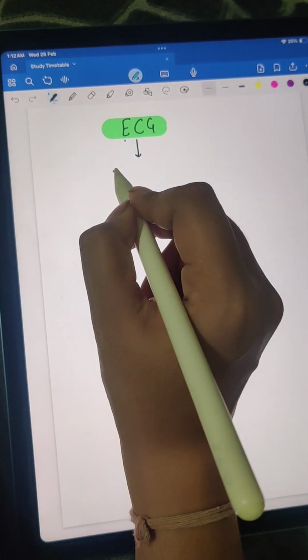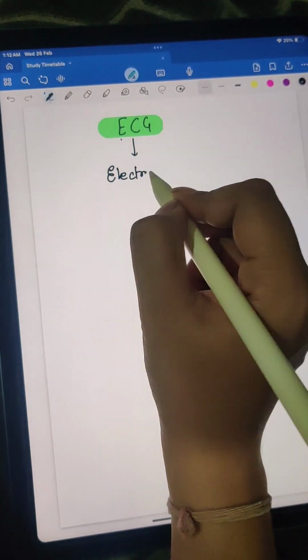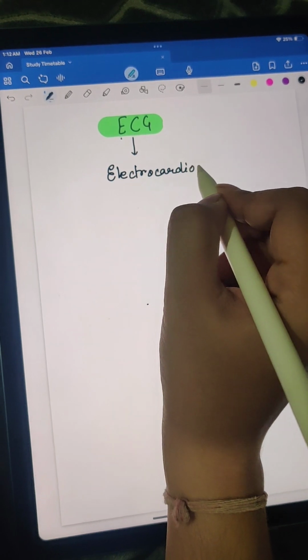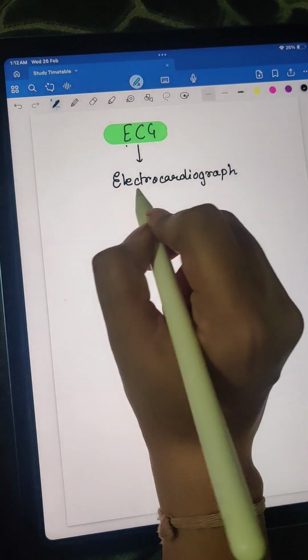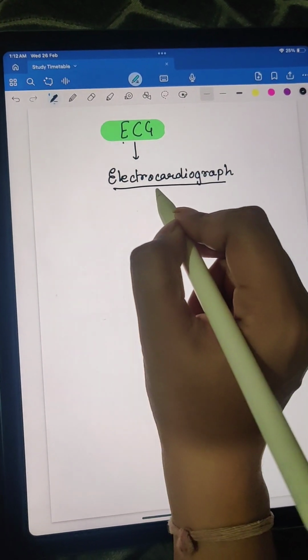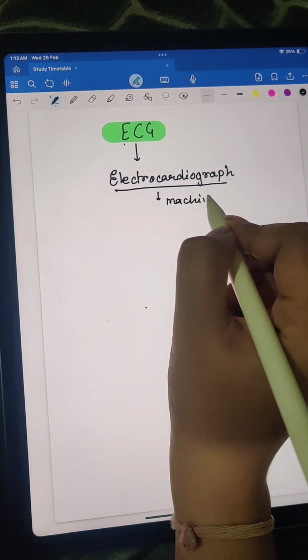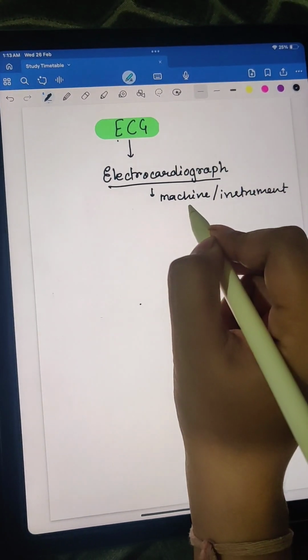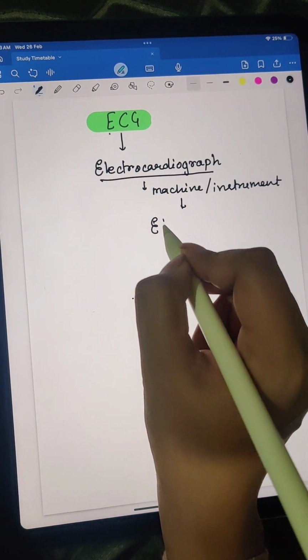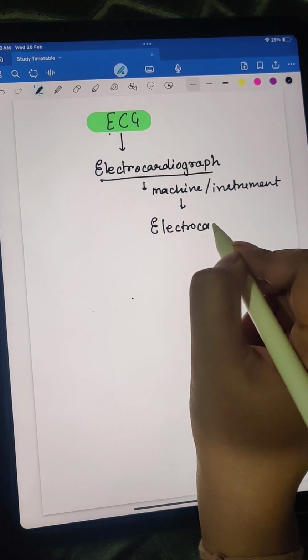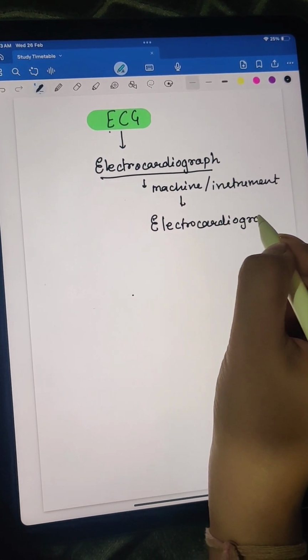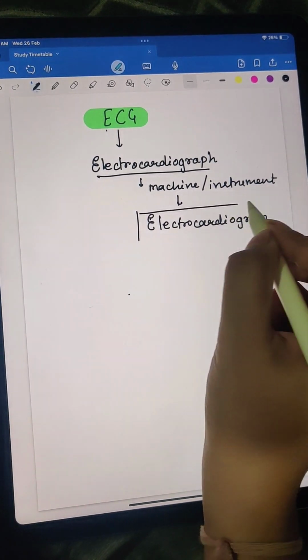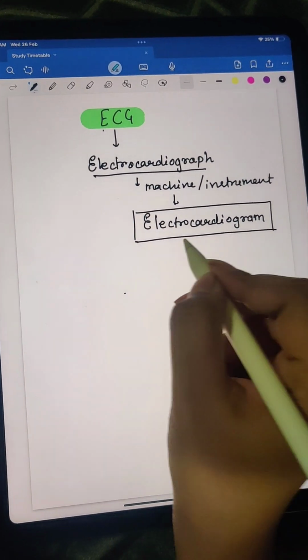ECG is electrocardiogram. Electrocardiograph is nothing but a machine, a machine or instrument which gives us electrocardiogram. Okay, now what is electrocardiogram?